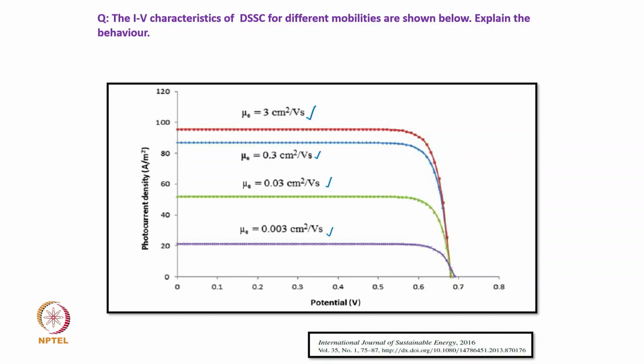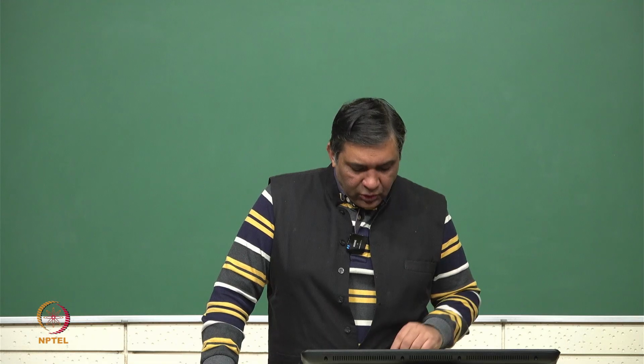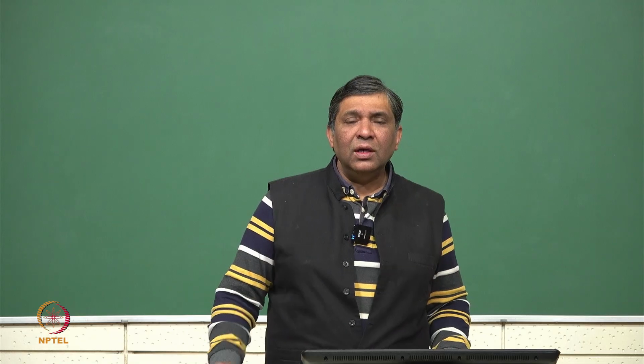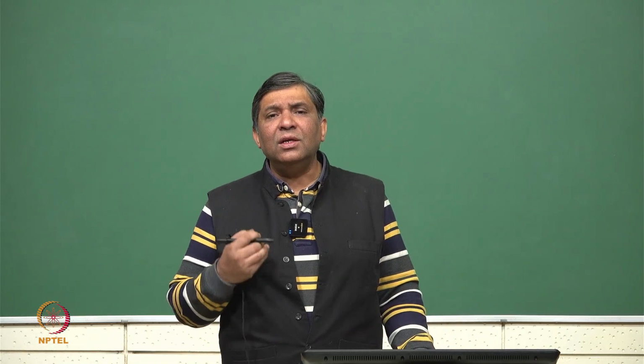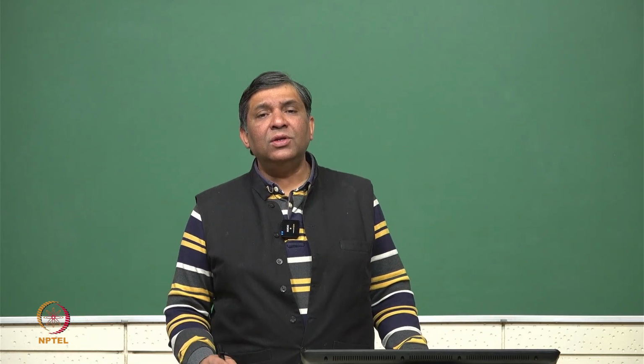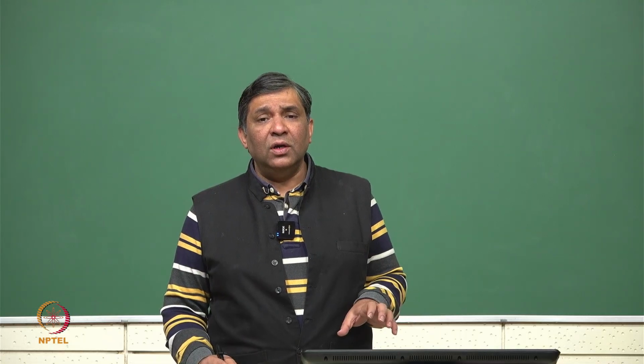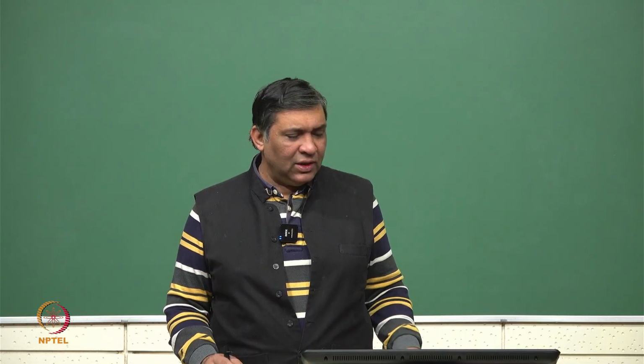This is typically done in theoretical calculation, and this is shown in a theoretical work, where you systematically reduce the mobility of the electron by 10 times and see how the IV characteristic varies.